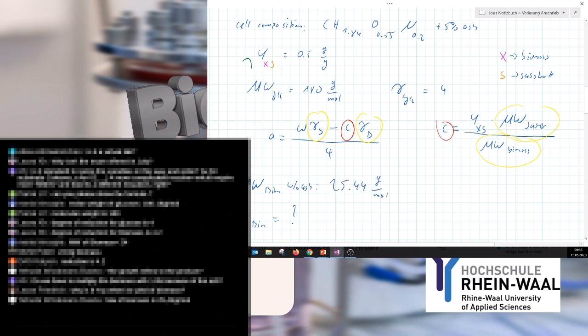Always put the units. That's without ash, and that's correct. You just do the simple calculation, and the degree of reduction of your biomass is 4.14. That's also correct. So also very straightforward calculation. 4.14 is the degree of reduction of our biomass, and we come up with 26.71. I come up with 26.78.